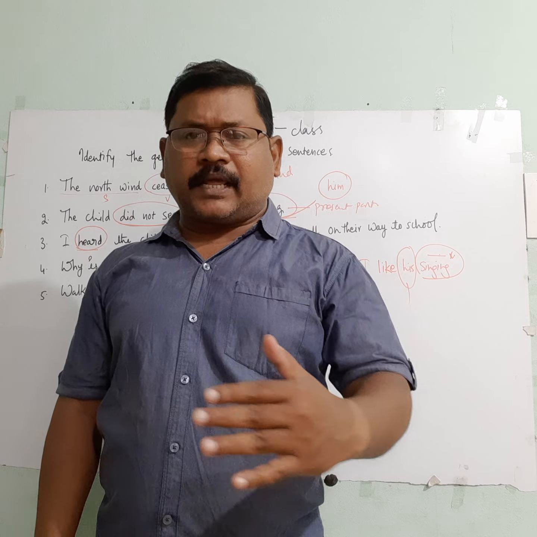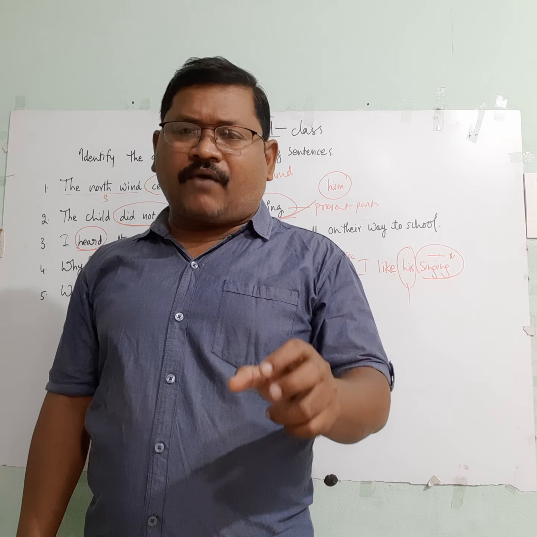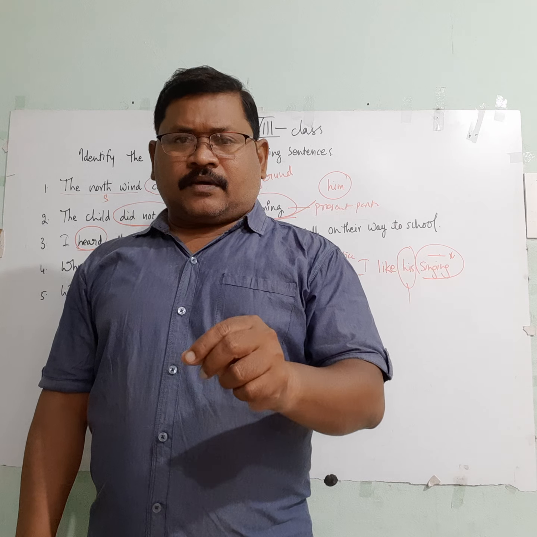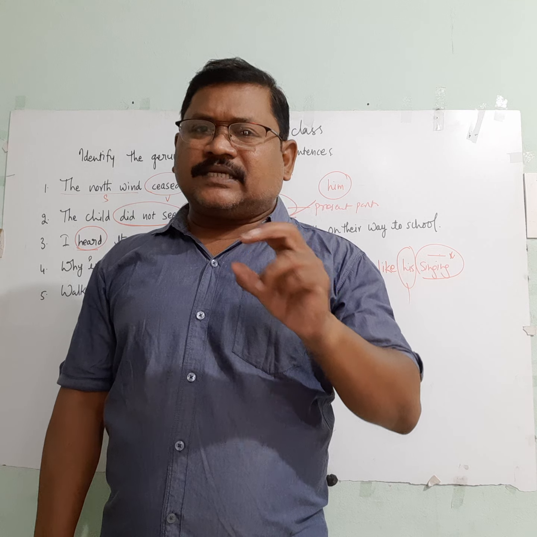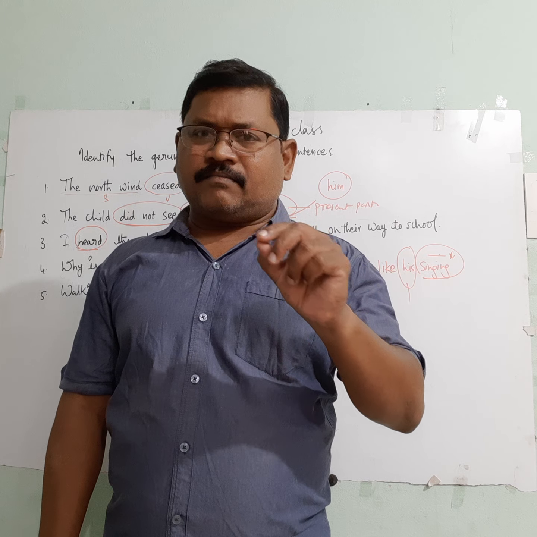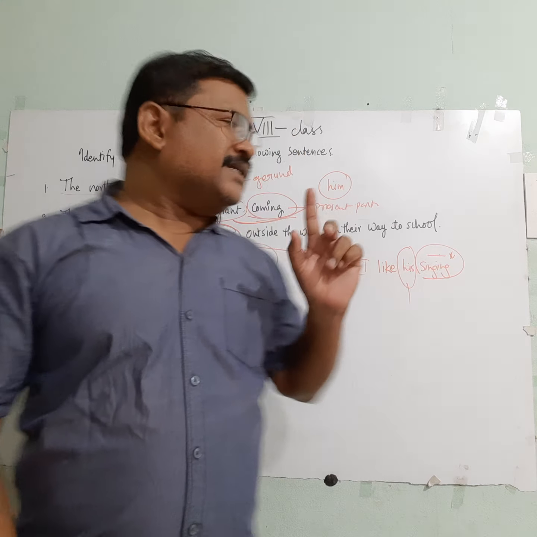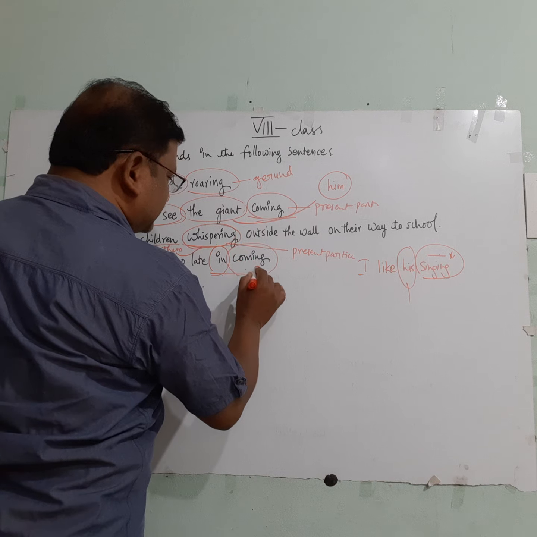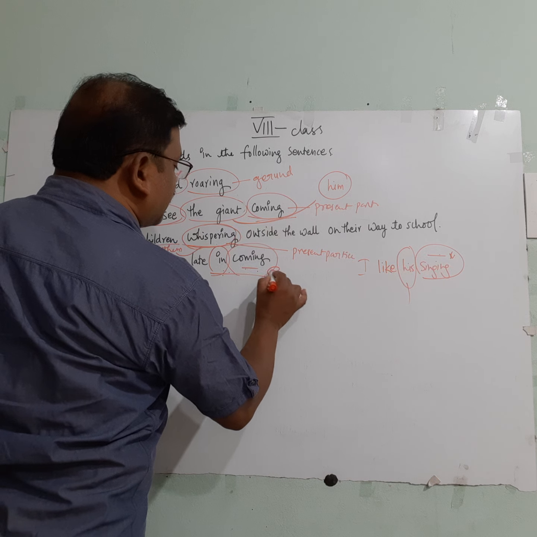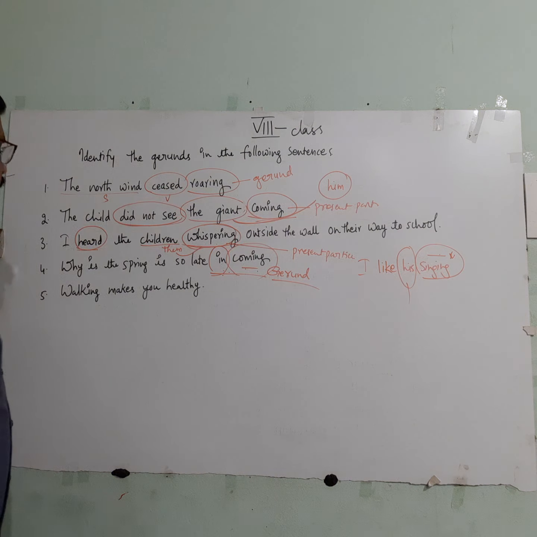After believes in we find praying. That V1 ing is gerund, because it is preceded by a preposition. Here in is the preposition. If V1 ing follows a preposition, then it is called gerund. And it is very simple.